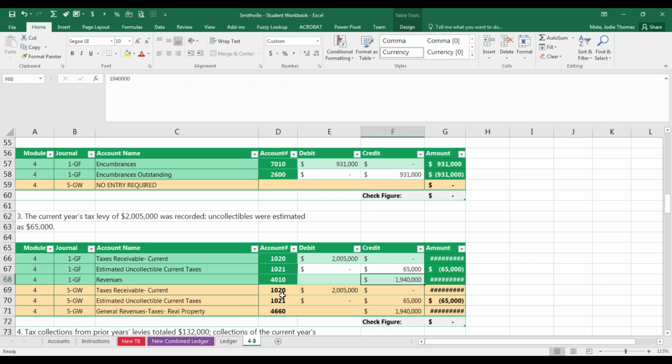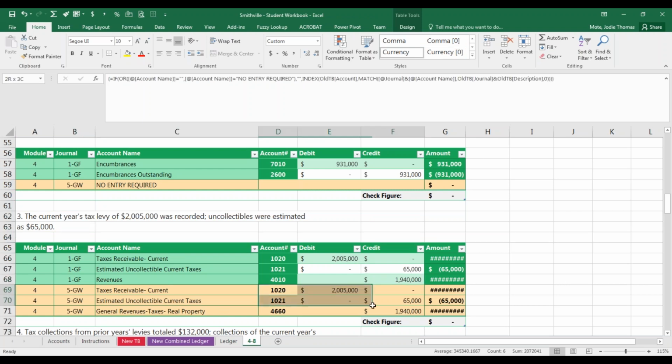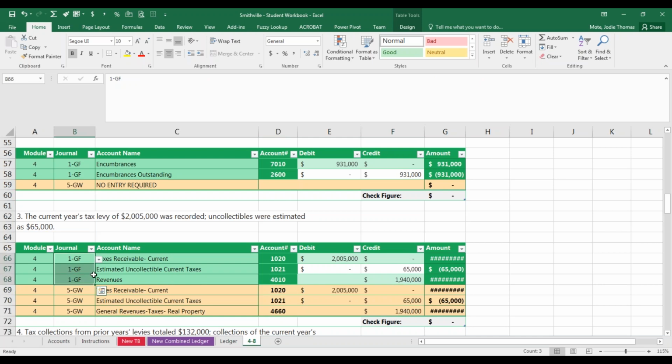And the entry, as you'll see, looks very similar to the general fund transaction when you're recording it in the government-wide journal. The entry is almost the same. You've got taxes receivable current with a credit to both estimated uncollectibles and a credit to general revenues for property taxes.